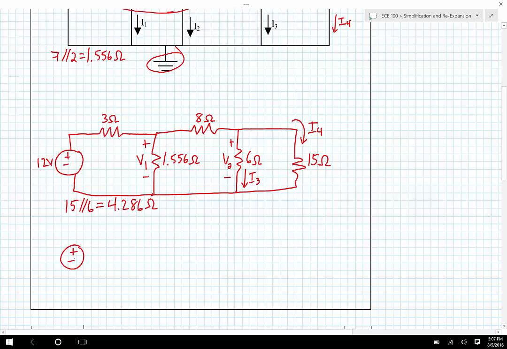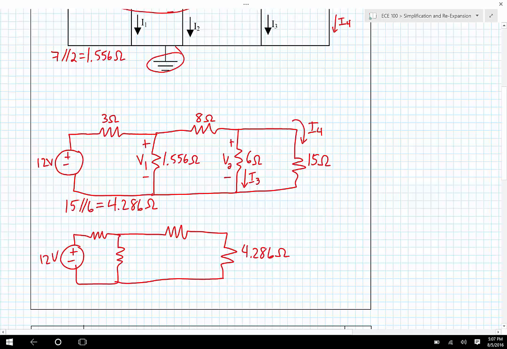And I can then redraw the circuit here. I'm going to have 12 volts going into 3 ohms and 1.556. Here's 8 ohms, and then there's just going to be one resistor on the end, and that's the 4.286 ohm resistor. And then here's the 8 ohm resistor, and 1.556 ohm resistor, and the 3 ohm resistor. And what can I still label?